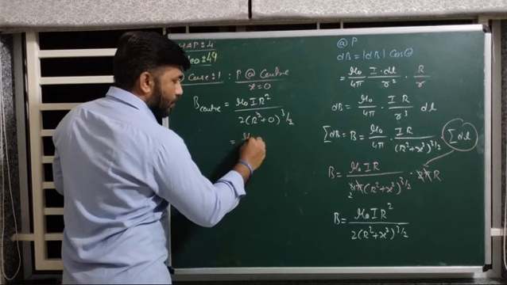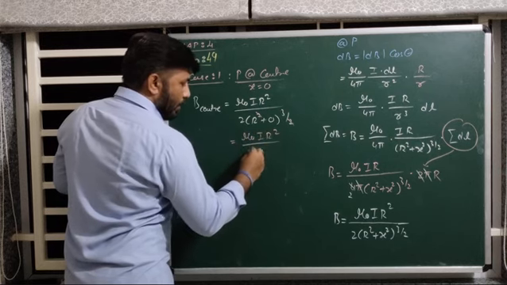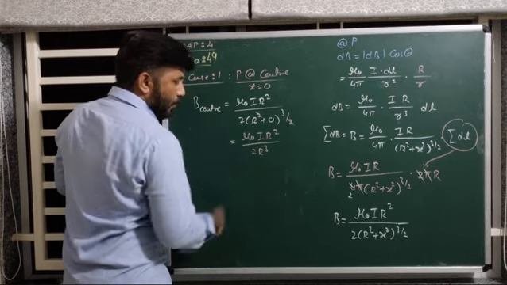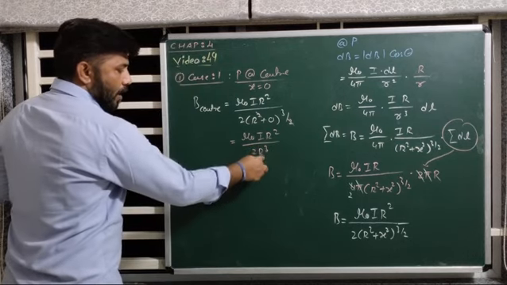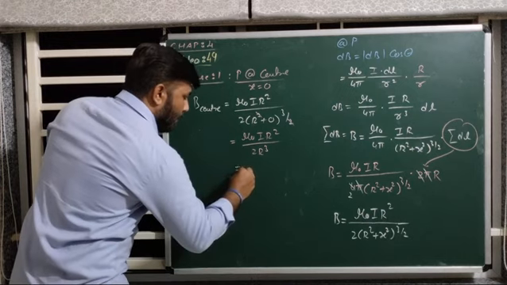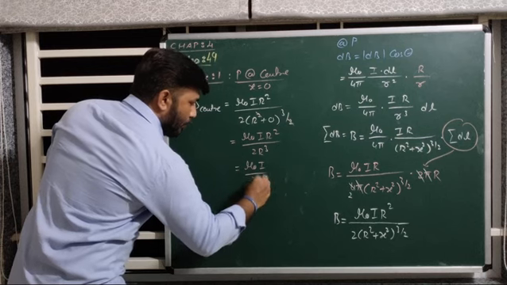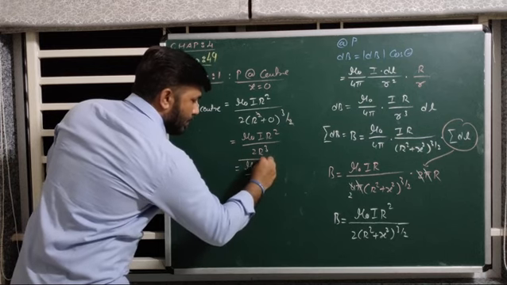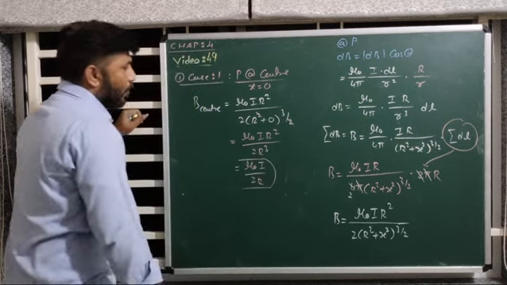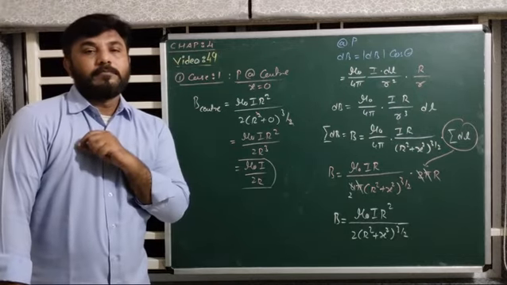So B is equal to mu 0 I R square upon 2 R cube. So R square by R cube, only one R will remain. So we will have the equation mu 0 I upon 2 R. So this is the equation for the center, in case number 1.